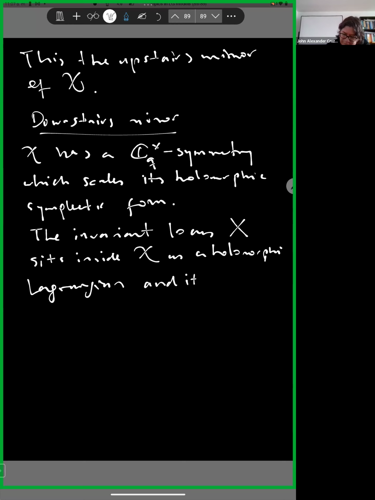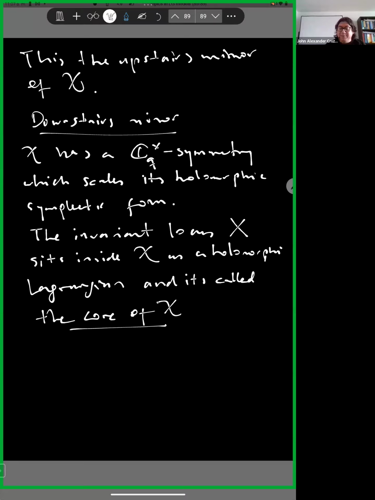This is called the curve of points. So we have this action scaling the holomorphic symplectic form, and the invariant locus is the curve.